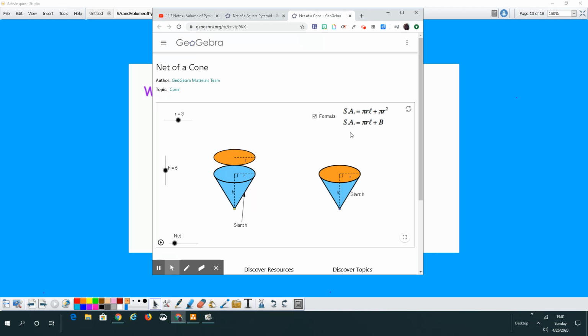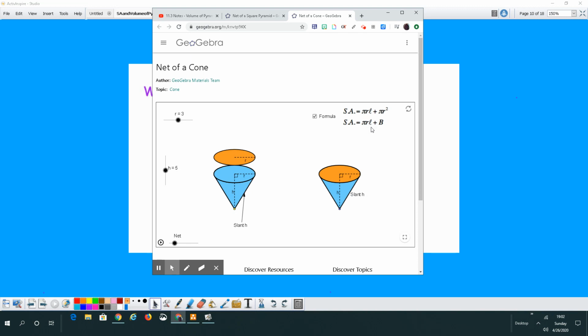It's actually the same formula. Big B, as I shared before, is just the letter we use to represent the area of the base. So in this case, we're going to find the surface area by taking the lateral area, and you do that using slant height times radius times pi.